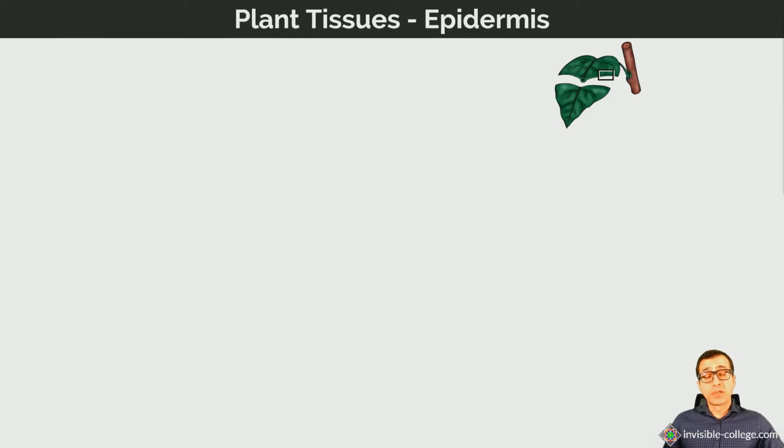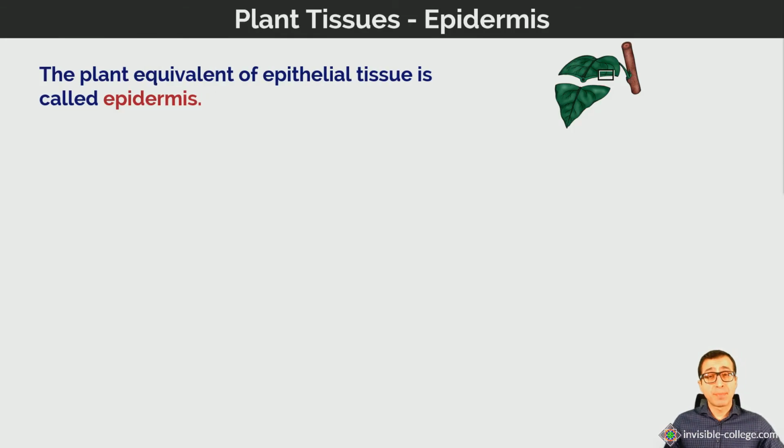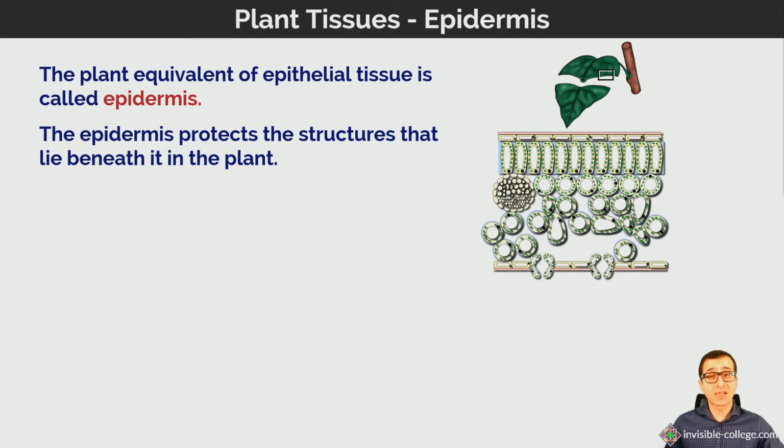So the plant equivalent of the epithelial tissue that we find in animals is referred to as epidermis tissue. And again, this protects the structures that lie beneath it in the plant. So if we take a section through a leaf, such as being shown here, we take a thin section through it and we view it under a microscope, we're going to see that the outer layer of cells which protect the underlying regions of the tissue of the leaf, this layer is referred to as the epidermis.